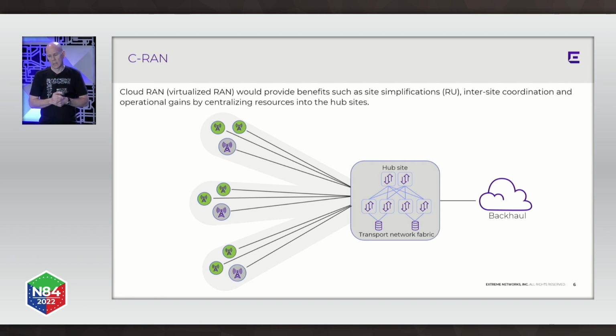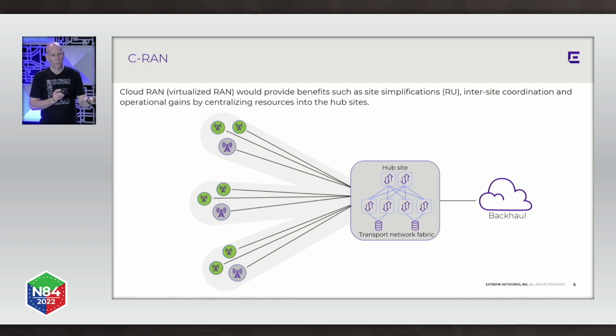With that in mind, when you now start to virtualize those functions, what you see in this illustration is a hub and spoke model, where in the spoke you have your radios, be it a light bulb radio, a radio sitting on a macro site, or sitting in any kind of site. We do understand that with 5G you get into much higher density from a radio point of view.